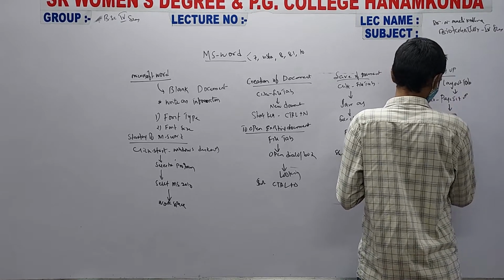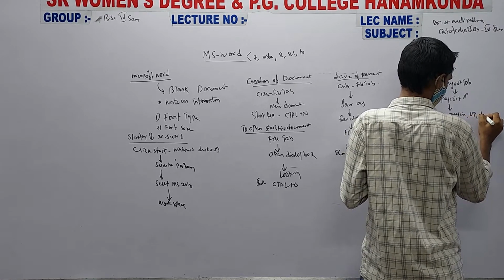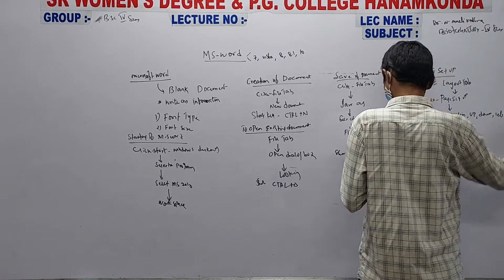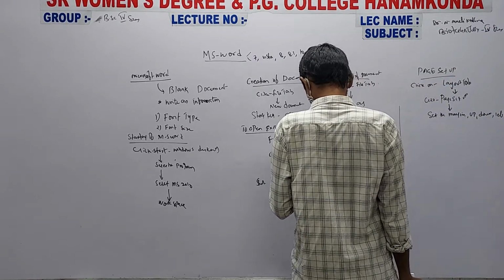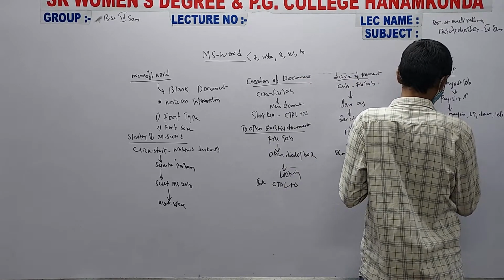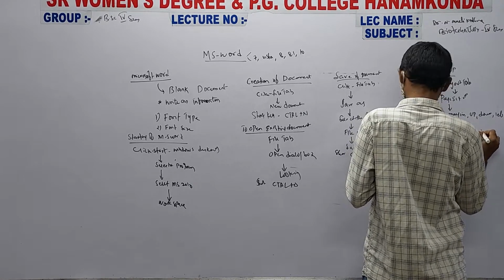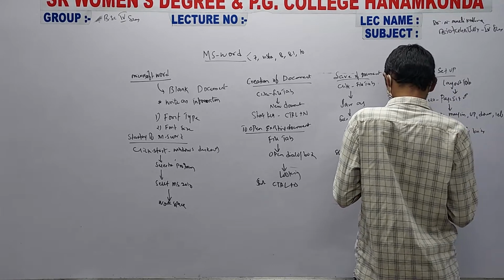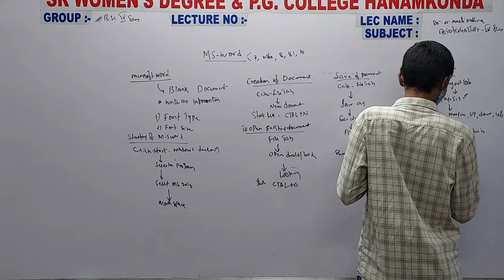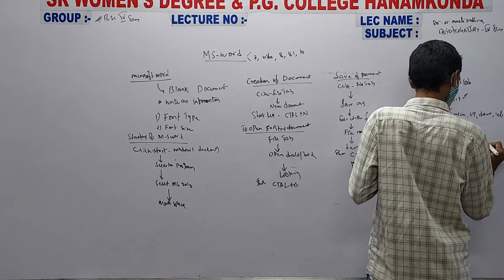Next, set the margins: up, down, left and right. Next, add margins for binding. Add margins for facing pages.